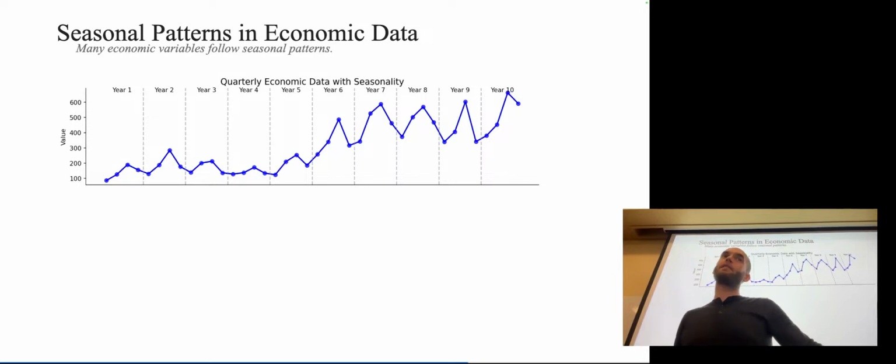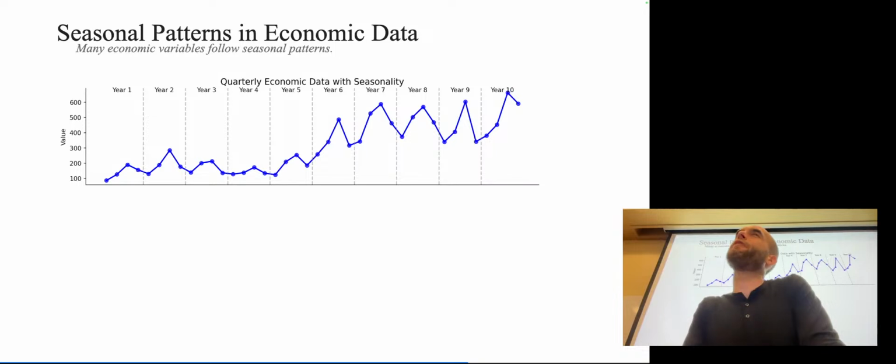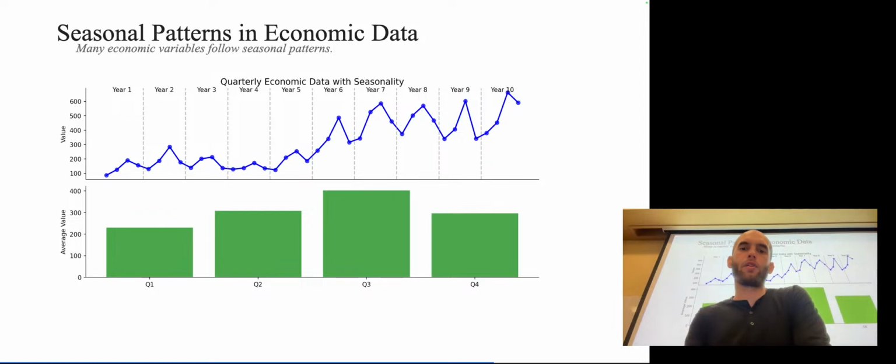like we did last class in our general linear model. I'm going to include a fixed effect for every one of the seasons, every one of the quarters, which will leave behind just the core pattern. So we can see here I've broken the data into 4 quarters, and just plotted the average value.